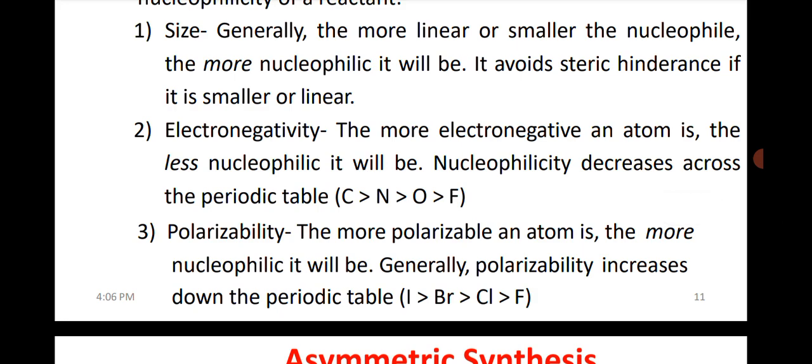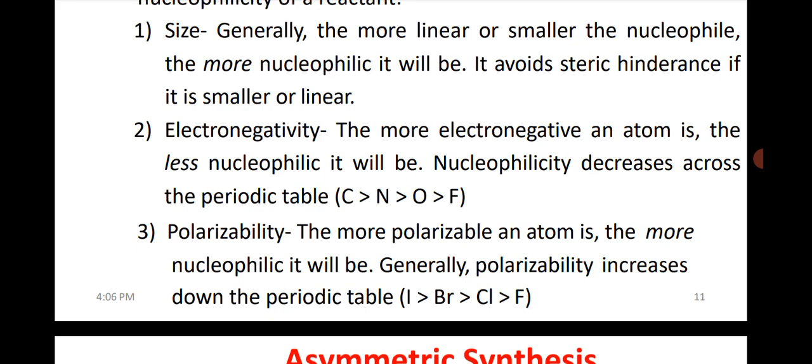It means it is not a good nucleophile, but a good electronegative atom. The more electronegative an atom is, the less nucleophilic it will be.